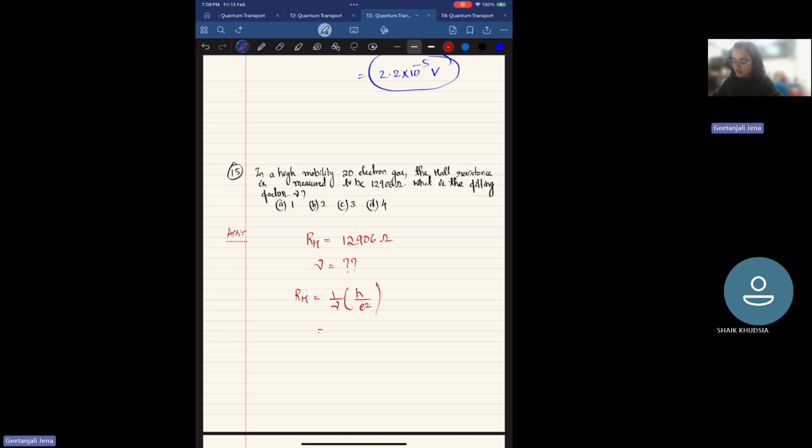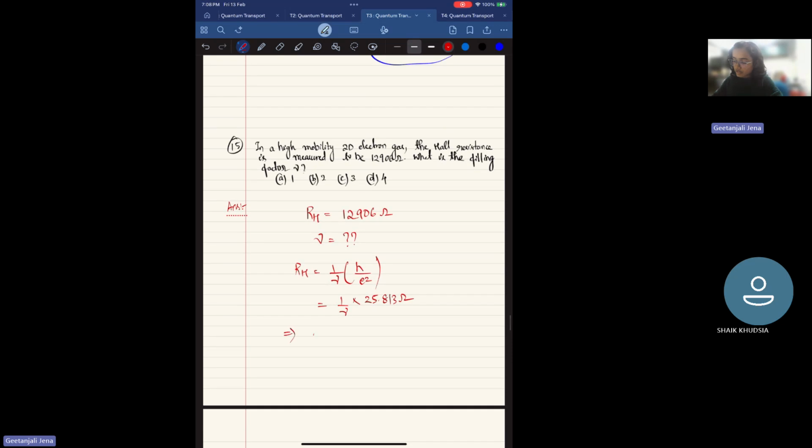This value of h by e square is already known, it is 25813 ohm. So that means nu is 25813 ohm divided by R_H, which is given as 12906. So this will give 2.